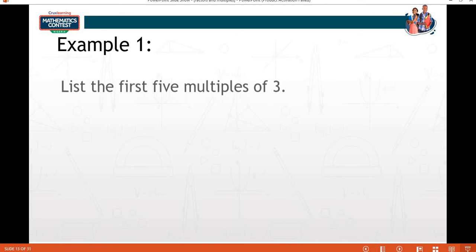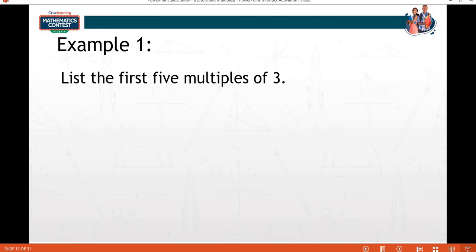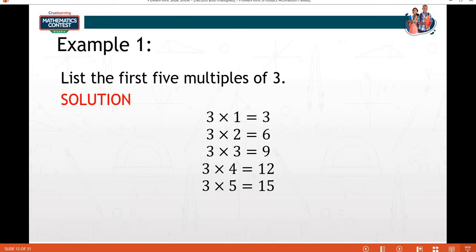So let's look at this instance here. Let's list out the first 5 multiples of 3. If I say you should list out multiples of 3, we have a lot of them. So we limit ourselves so that we don't end up confusing some people. Here they are: 3 times 1, 3 times 2, 3 times 3, 3 times 4, 3 times 5.